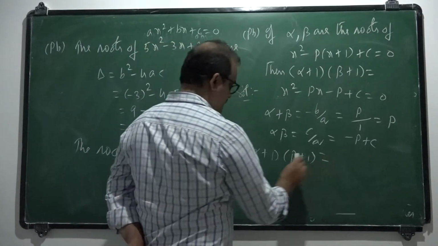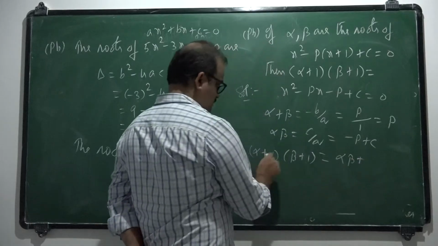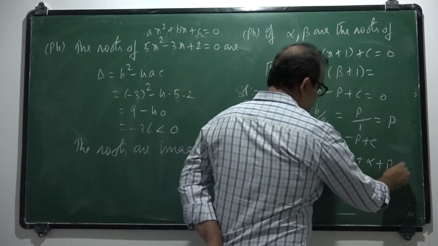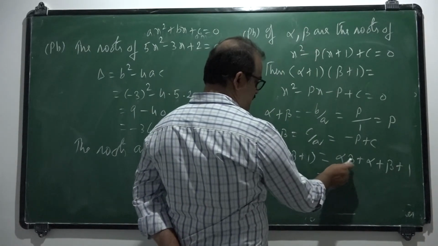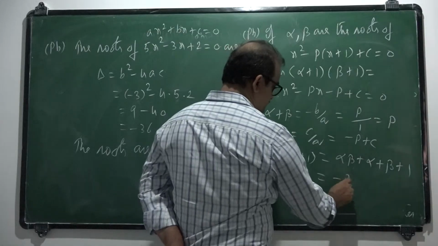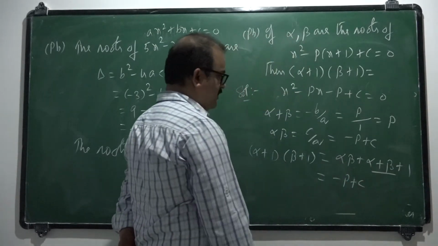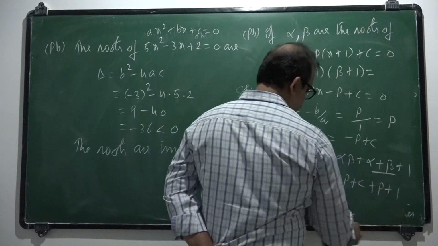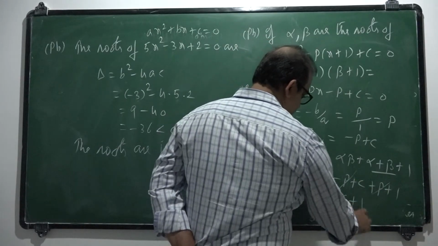Multiply: alpha into beta plus alpha plus beta plus 1. In this, what is the value of alpha into beta? Minus p plus c. What is the value of alpha plus beta? That is p, plus 1. Here minus p plus p cancel. So we get c plus 1.